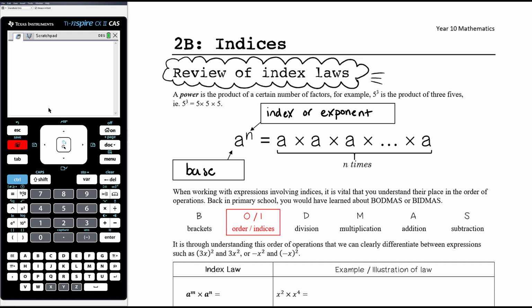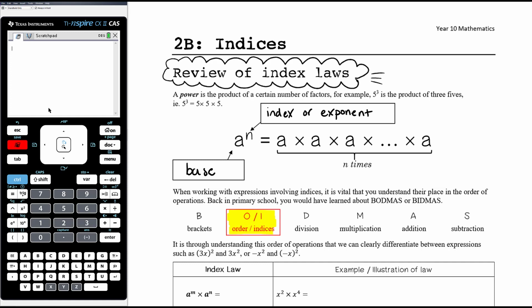Multiple indices. When we work with expressions involving indices, it's really important that you understand their place in the order of operations. And so you would have learnt your order of operations perhaps as BODMAS or BIDMAS or BOMDAS or BIMDAS, or in America they learn PEMDAS because they talk about parentheses rather than brackets, and they use E as exponent here at this step. The key thing is that this is where the powers happen, okay?